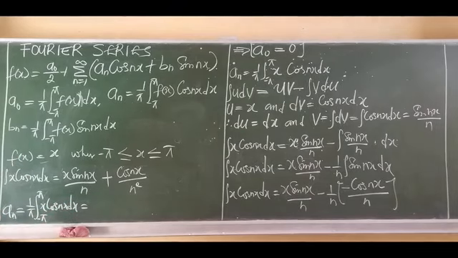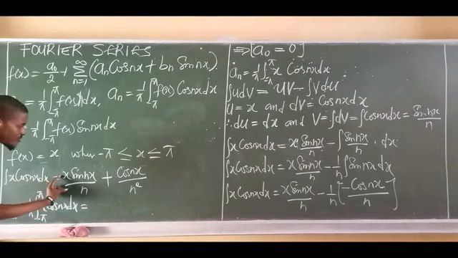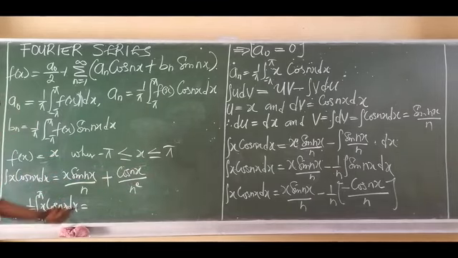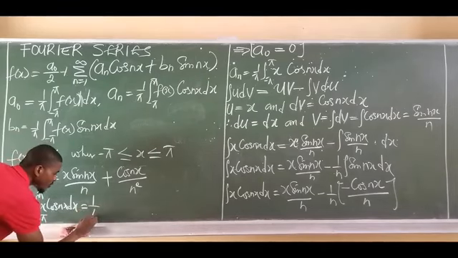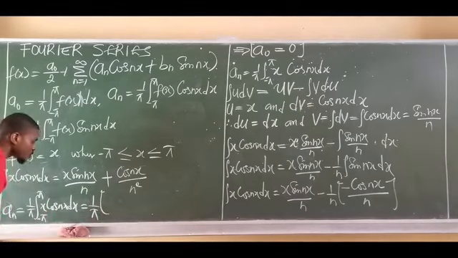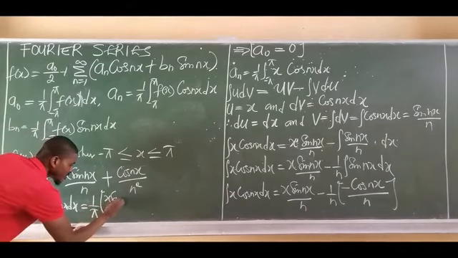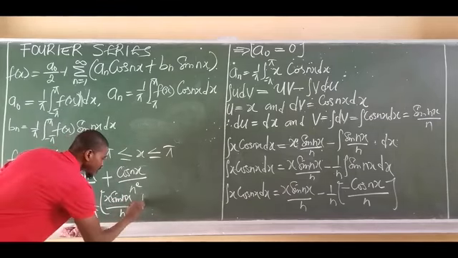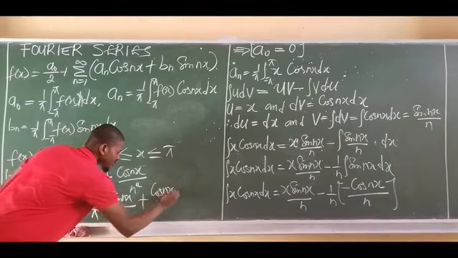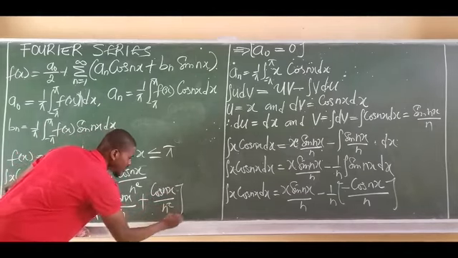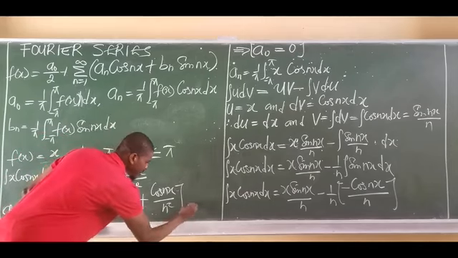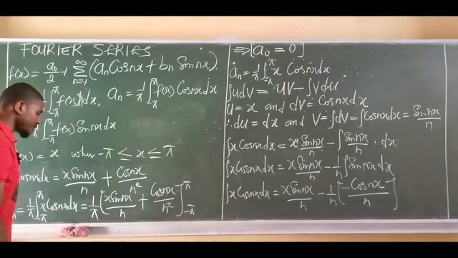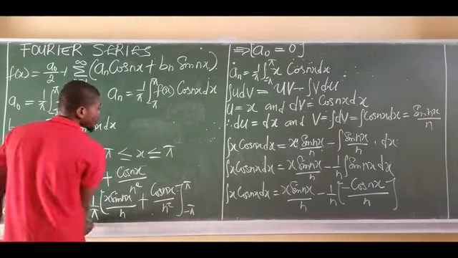So all we are simply doing is effecting the limits in this result and also the constant outside. It becomes 1 all over pi multiplying through by x sine nx all over n plus cos nx all over n squared, putting the limits from minus pi to pi.